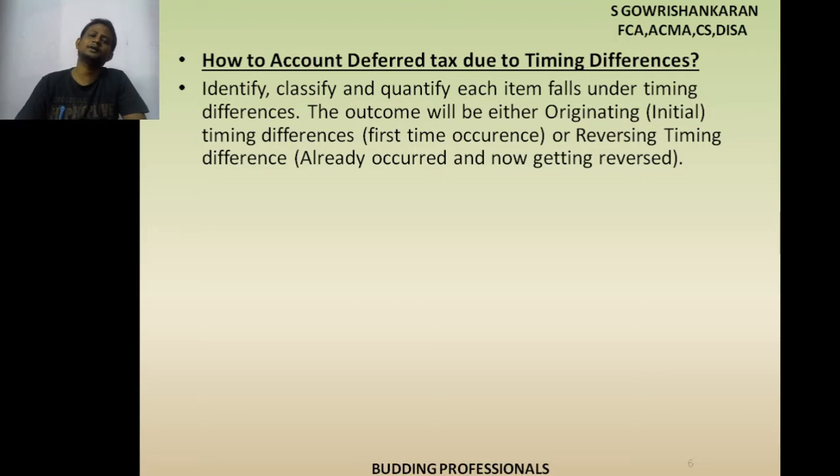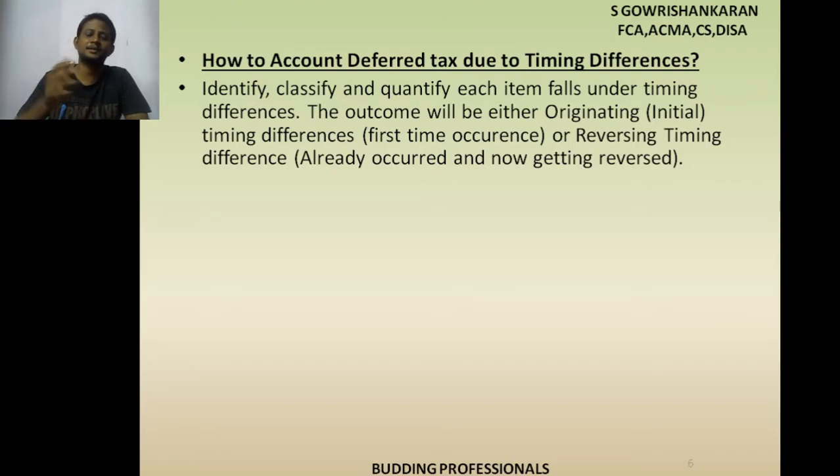Originating timing differences is basically the first time impact on the item because of the income tax provision. First time only this will happen. Next time and all subsequently we have to do the reversal effect. That is called reversing timing differences, which already occurred and are now getting reversed.